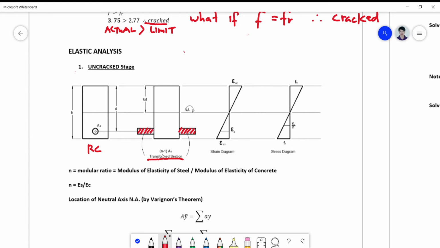And the transformation factor that we are going to use is n minus 1. We know that steel is n times as hard as concrete, and you call that n the modular ratio. But why is it that there is a negative 1? The reason is that your net concrete section is simply equal to your gross minus your steel area.